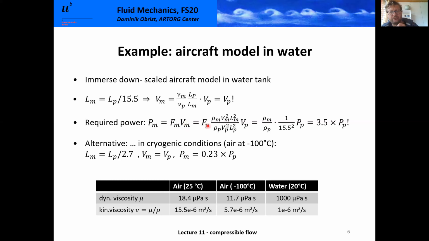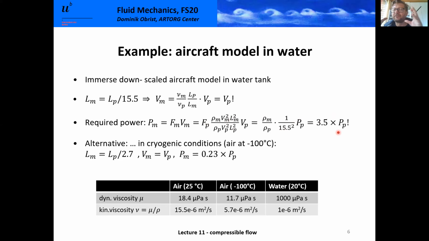And then we can rewrite the force in terms of the force in the actual problem times the velocity in the problem, which just happens to be exactly the same as the velocity in the model. And that's what we did up here. The velocities are the same, but the forces, of course, are not. We can evaluate this term here, and we find out that in such a configuration, it's not even the same power we need.